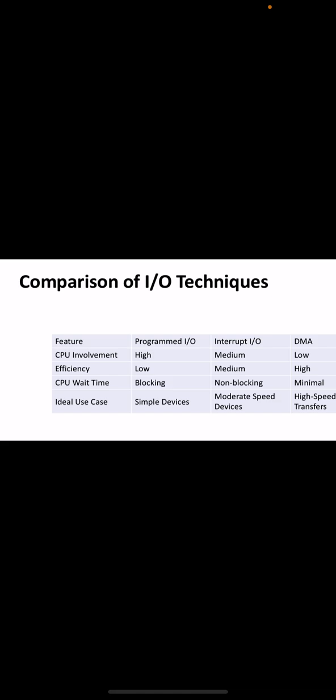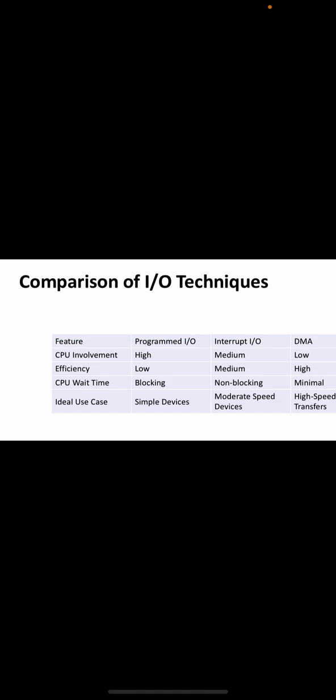For the programmed it is low, for the interrupt it is medium, and for the DMA it is high. For CPU waiting time, with the programmed, when the CPU is waiting, it blocks. It doesn't execute functions. With the interrupts, it's non-blocking. It still executes. And with the DMA, it executes, but it blocks at a minimal rate.